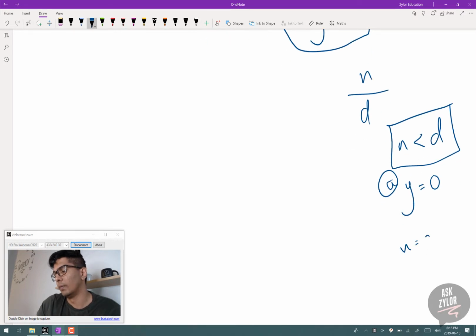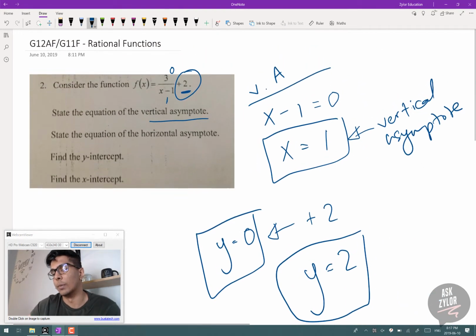If they're the same, I'm going to take the leading coefficient from the numerator and the leading coefficient from the denominator and divide the two to give me the position of my horizontal asymptote. In this case, we had a transformation of plus 2 in the vertical direction, so that means we're moving all my points up by 2.